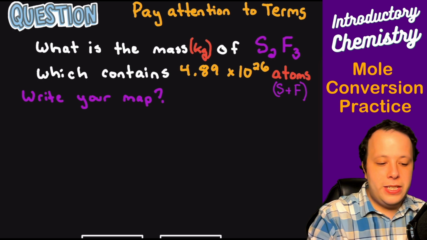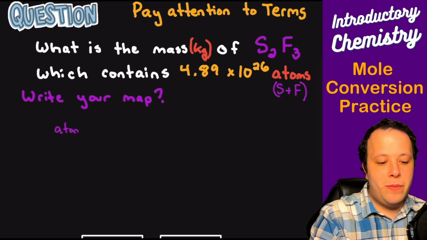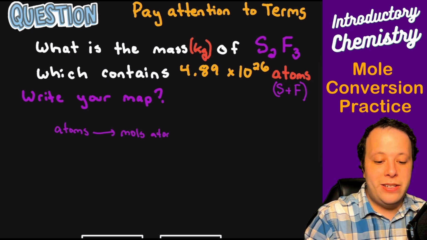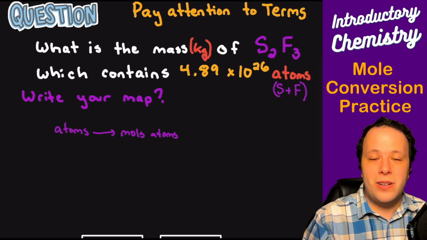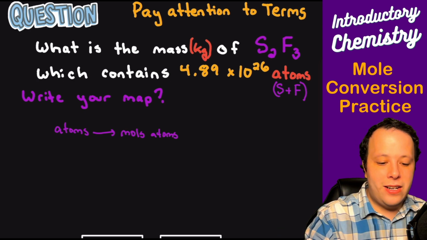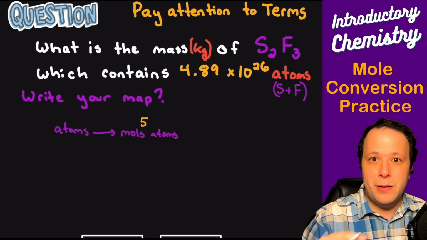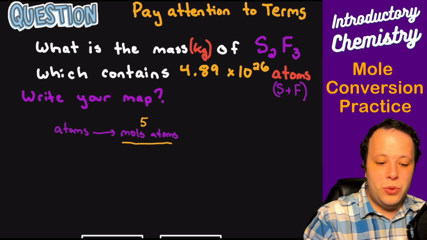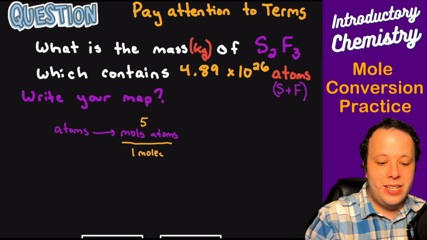So what we're going to be doing here is going from atoms to moles of atoms. So how many different types do we have here, or individual ones, from our subscripts? One thing you can see is that there are 5 different atoms by adding up our subscripts, which is equivalent to 1 molecule that is here.